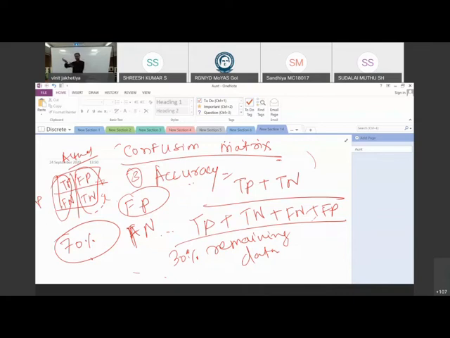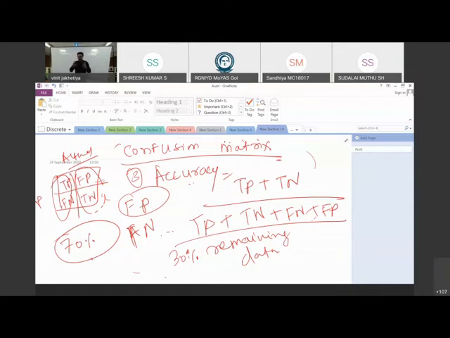Let's say some particular test is saying the person is negative, but he is positive. That means the test results are incorrect. In this scenario, the false negative is too dangerous. In this scenario, false positive, we can handle. It is not going to cause life loss.